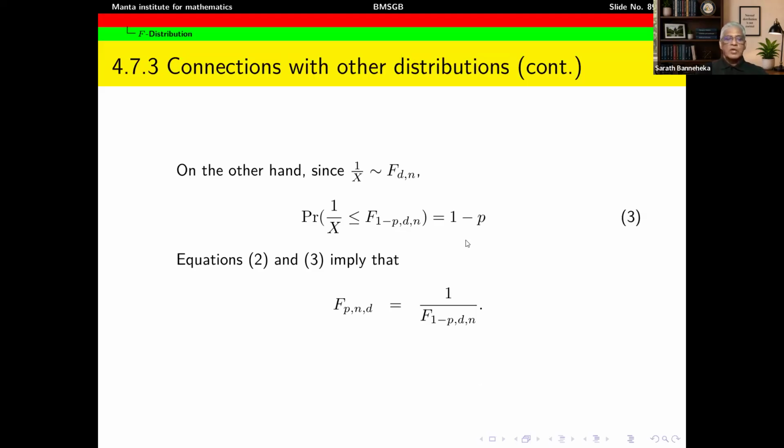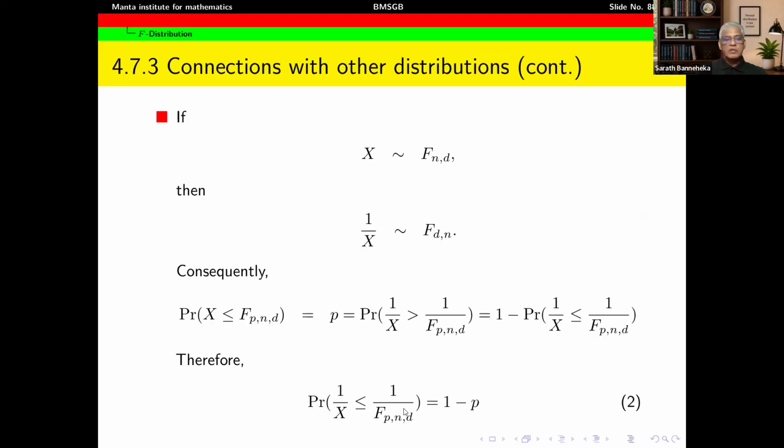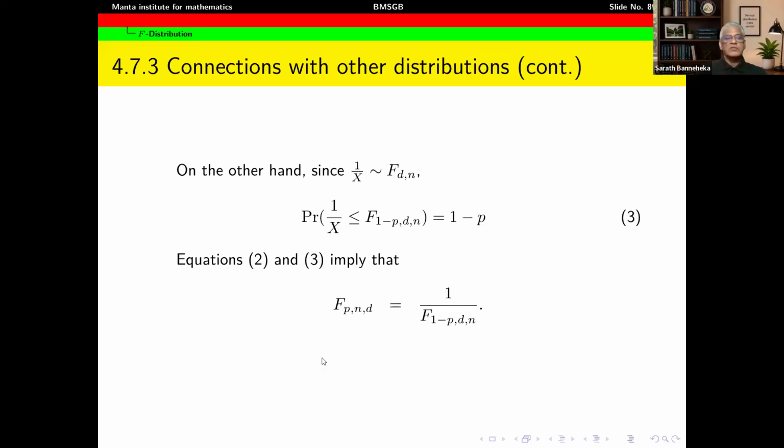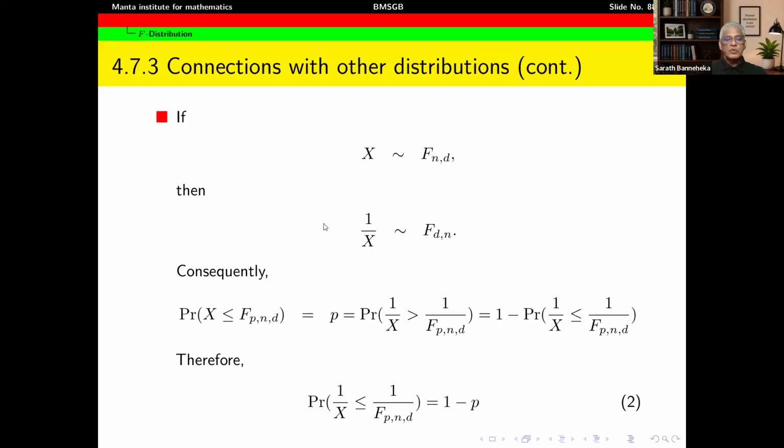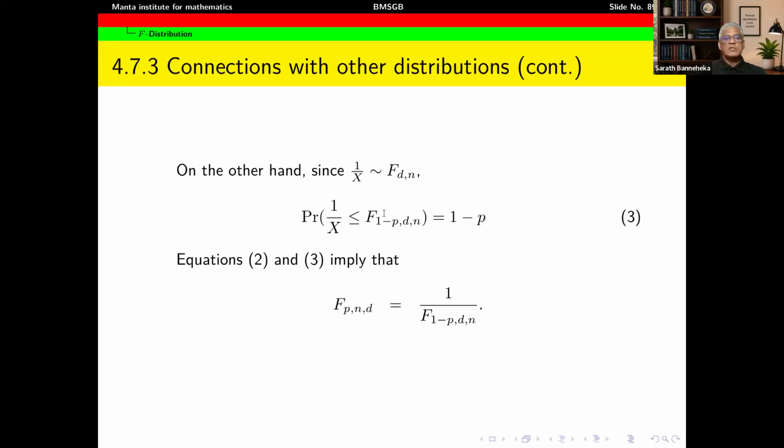So therefore, the left-hand side should be equal. So in both cases, we are looking at the random variable 1 over X. Right. So therefore, this number here, 1 over F P N D, should be the same as F 1 minus P D N. Right. So from that, I can get this expression.